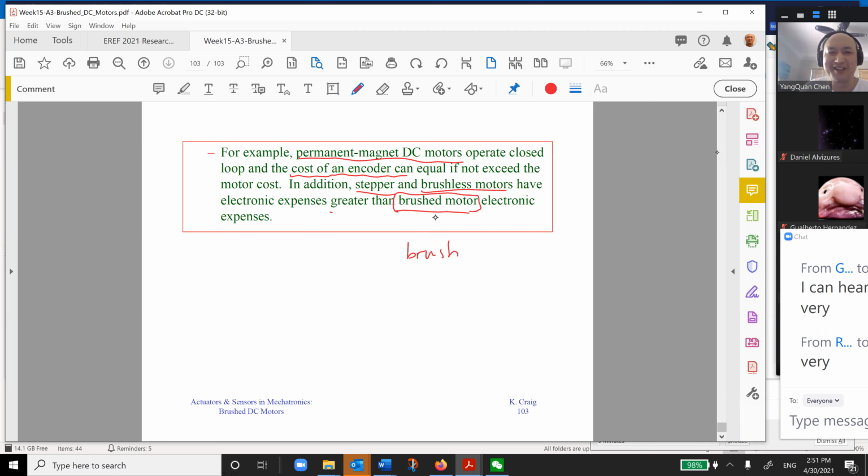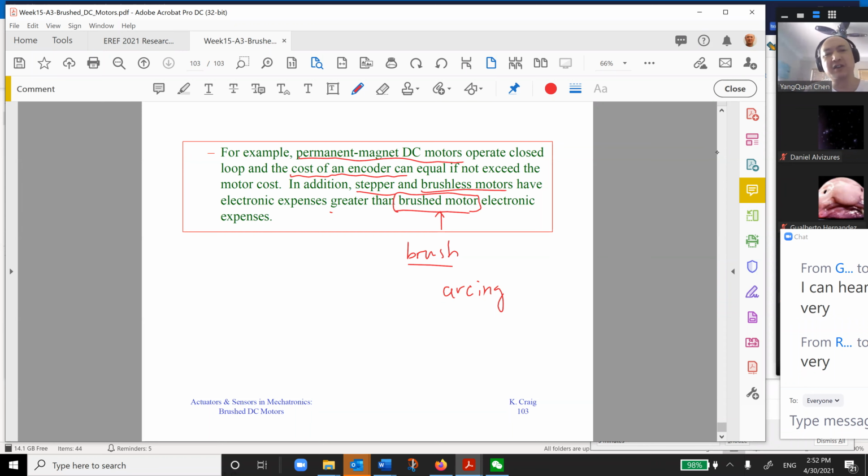For a brushed motor, you have a brush. This brush has a limited lifetime, okay? And there is also something called arcing. If something goes wrong, it will induce arcs between the brush and the commutator.